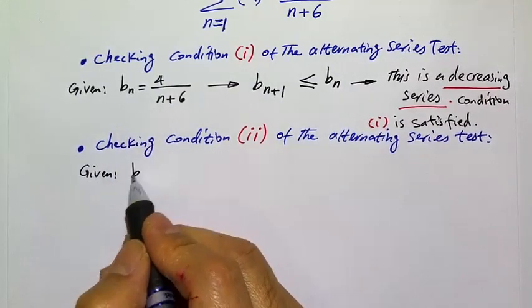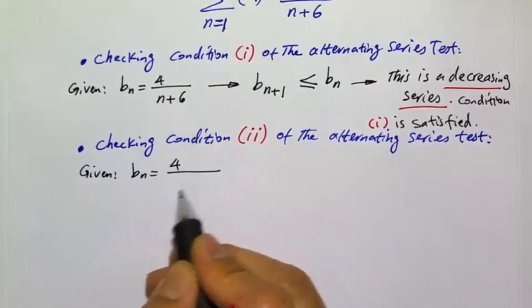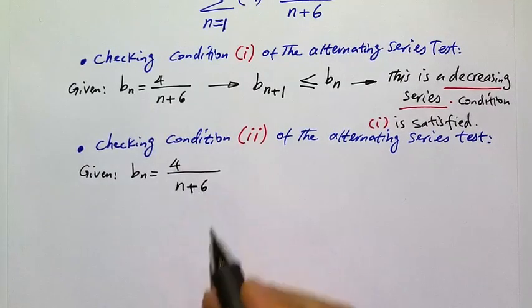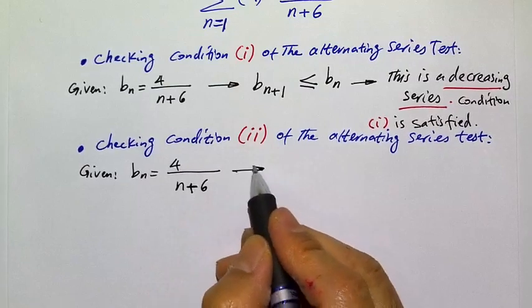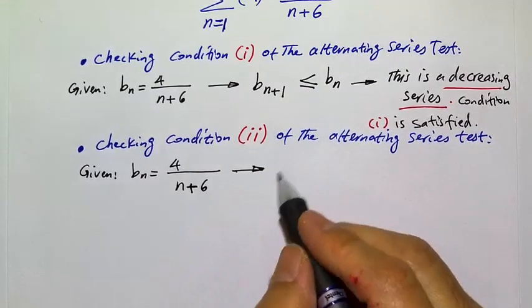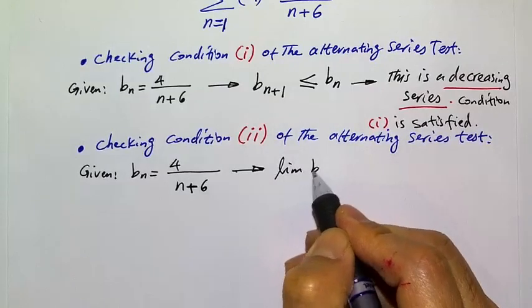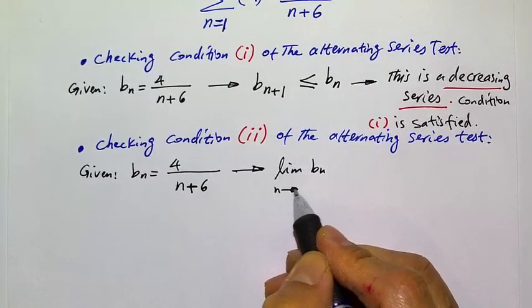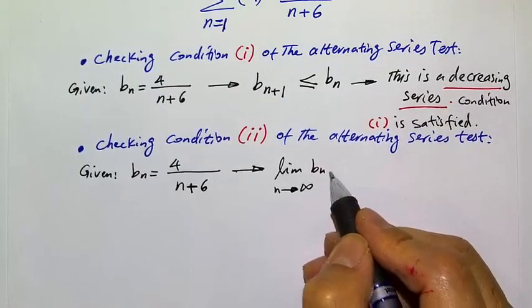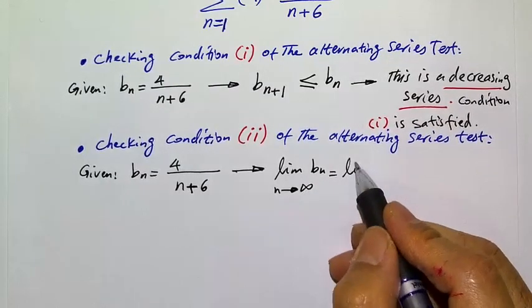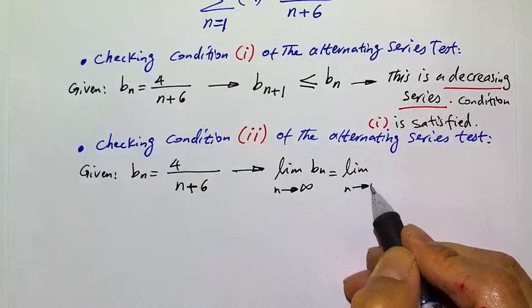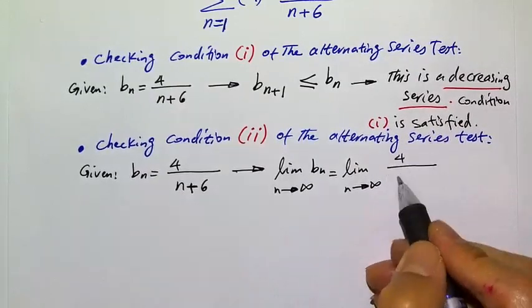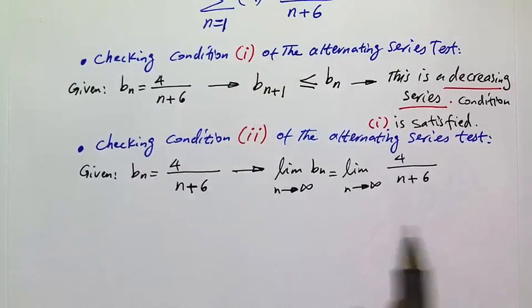Once again, given that our bn's are equal to 4 over n plus 6, then we have the limit of the bn's as n goes to infinity equals the limit as n goes to infinity of 4 divided by n plus 6.